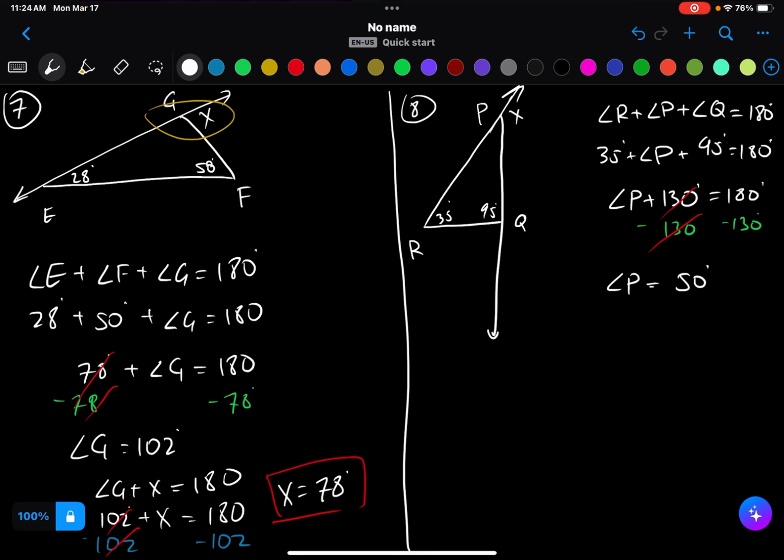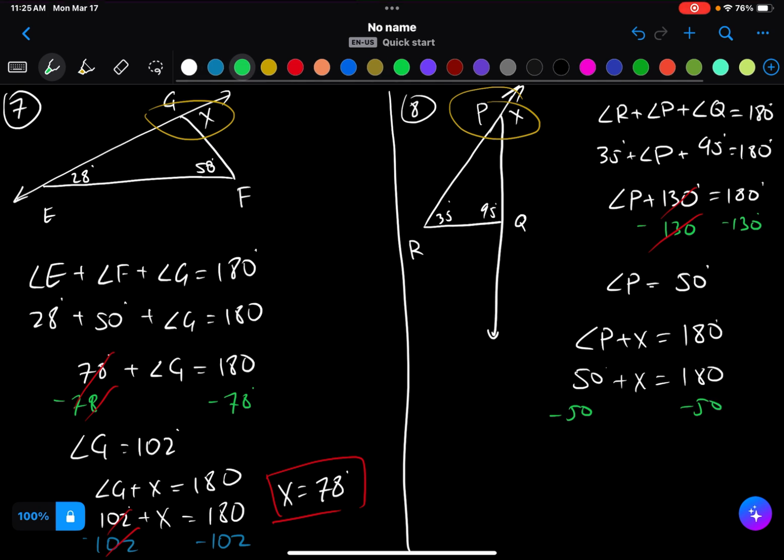Sweet. I now have angle P. And because these two are supplementary pairs, they have to add up to 180. So I can say that angle P plus our missing angle have to add up to 180 degrees. And I know what angle P is. It's 50. I just found it. So 50 degrees plus X equals 180. Subtract 50 from both sides.